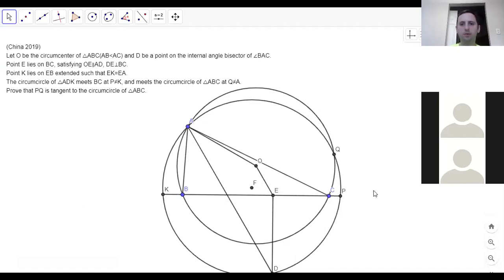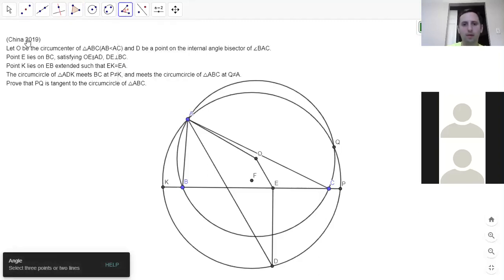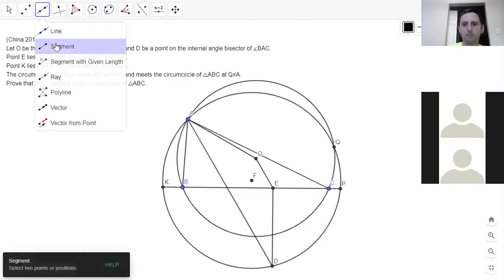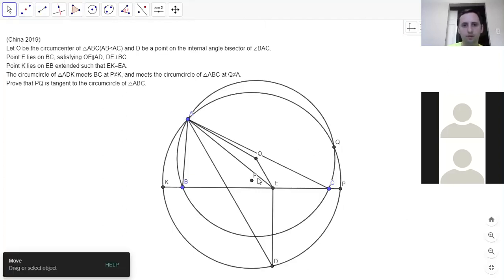Yeah, I think we want to show what you were trying to say, that angle AKB is angle ACQ. I wonder if KAC is a right angle. Can you draw AE? Yeah. Is DK equal to DQ? Let's see.